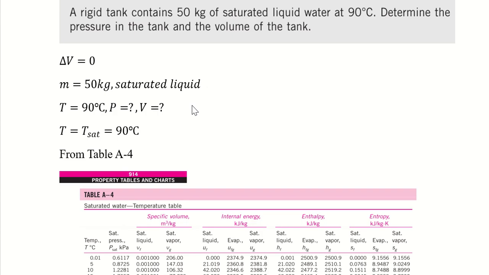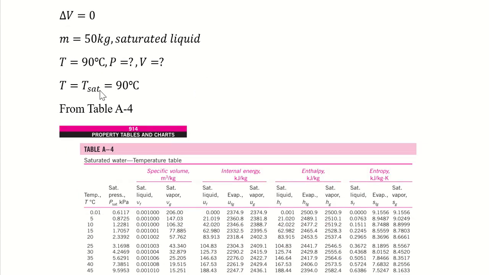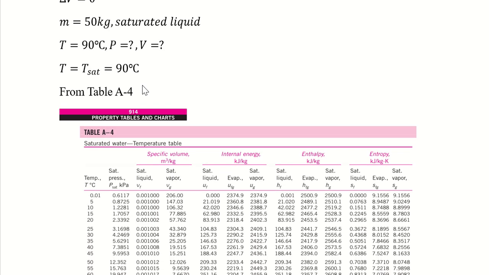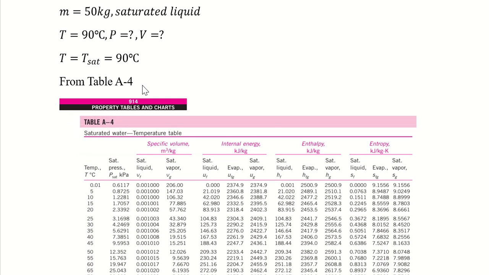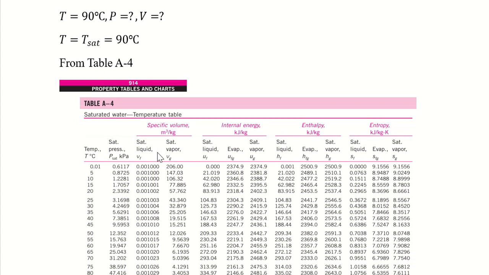So now you know that this 90 degrees Celsius is equal to the saturation temperature. From there, you interpret that you have to use temperature table A4, and how are you going to use it?